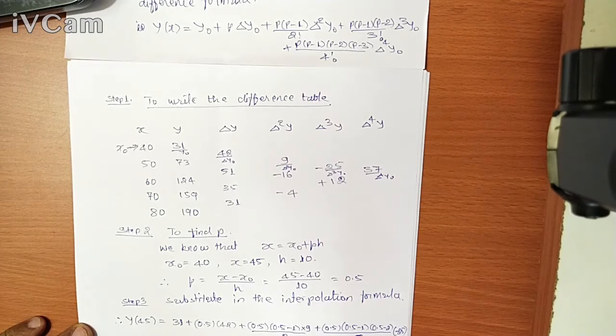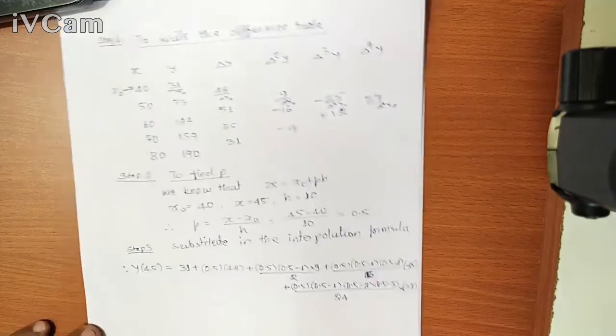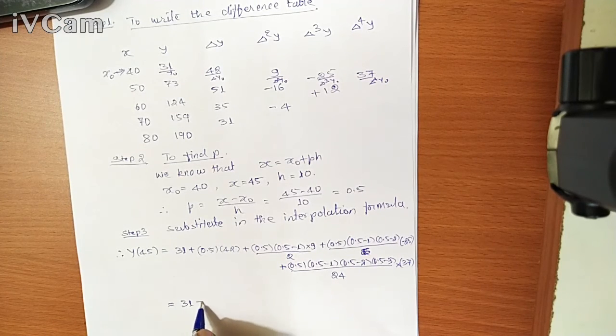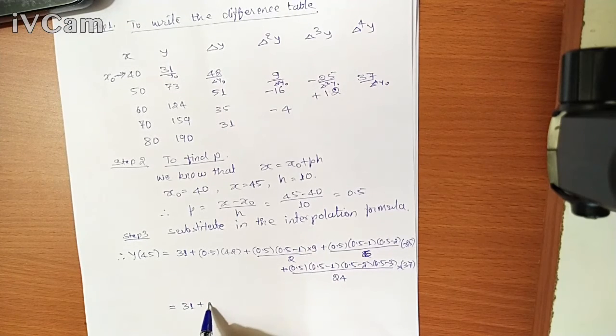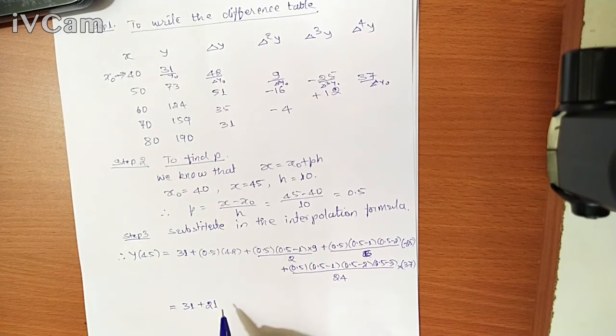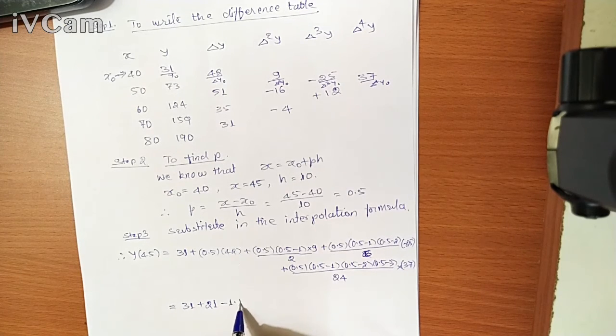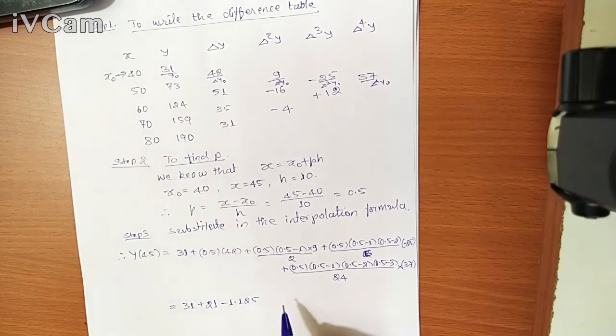If I use the calculator and simplify this, what I get is 31, then plus half of 42, that is 21. Then minus, if I simplify this, 1.125. Then minus 1.5625.